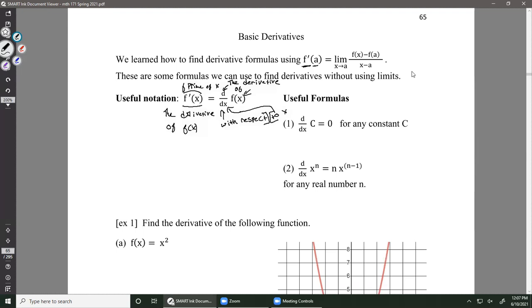Also, a really helpful notation that is often used is we'll say that f prime of x is equal to y prime. So we just put a prime on our y.